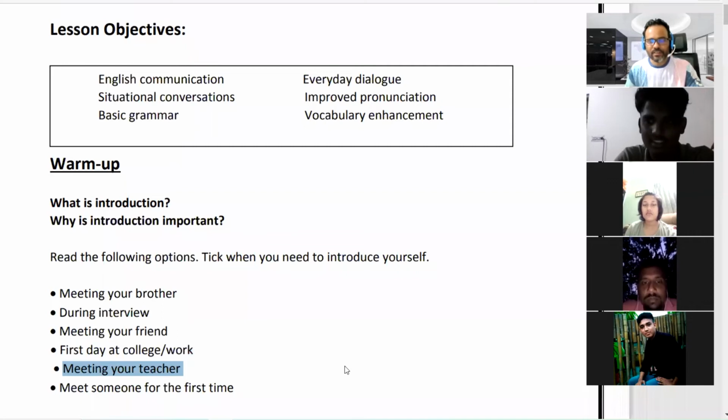In the previous class, you gave me the introduction, but today you do not, because we met previously and we know each other now. In the previous class you needed to, because we were not familiar. So when meeting your teacher, sometimes you need to introduce yourself, sometimes not.